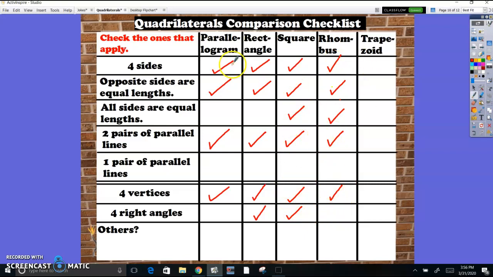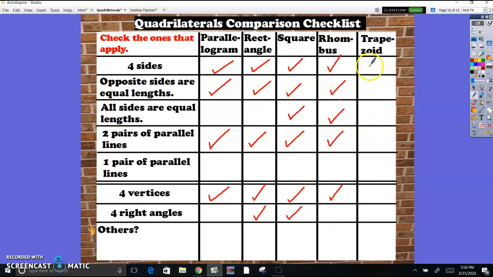And a rhombus can also be called a parallelogram because it has these 1, 2, 3 attributes. But a parallelogram is not necessarily a rhombus. A rhombus cannot be called a rectangle because they don't match exactly.